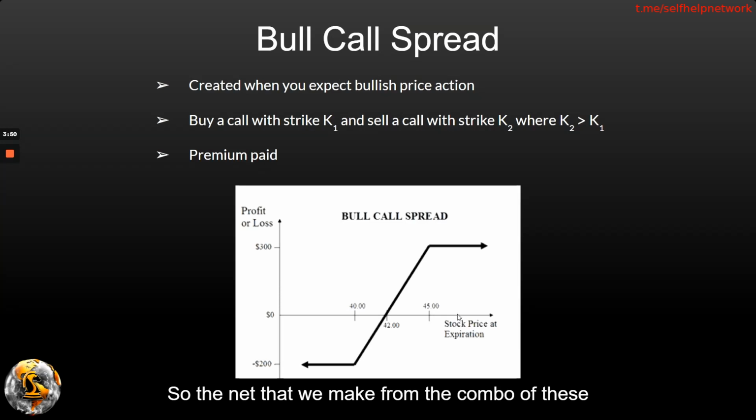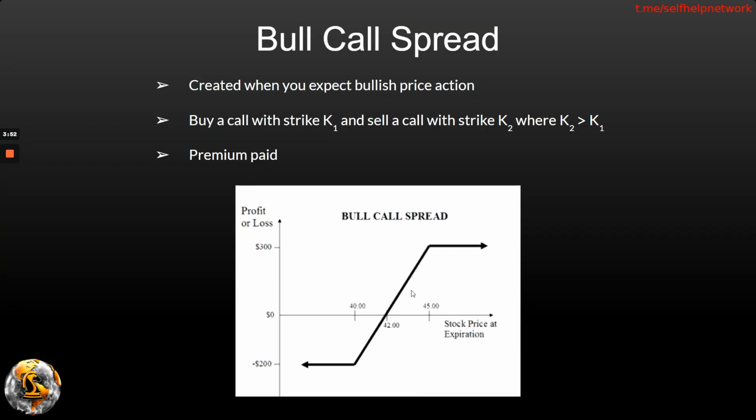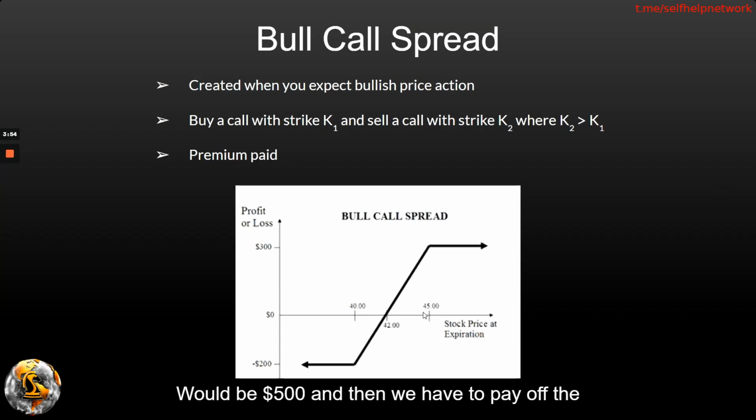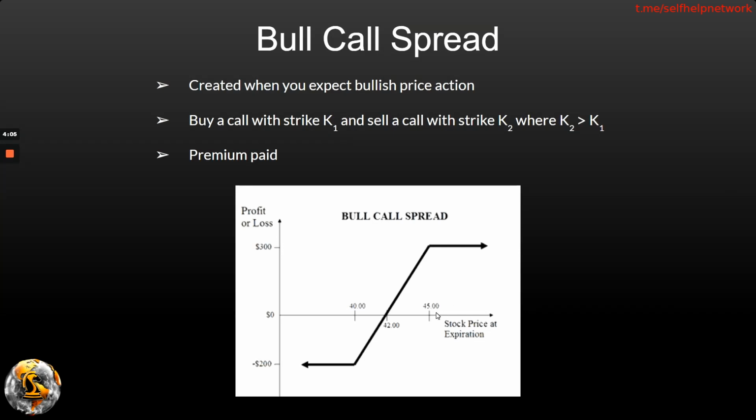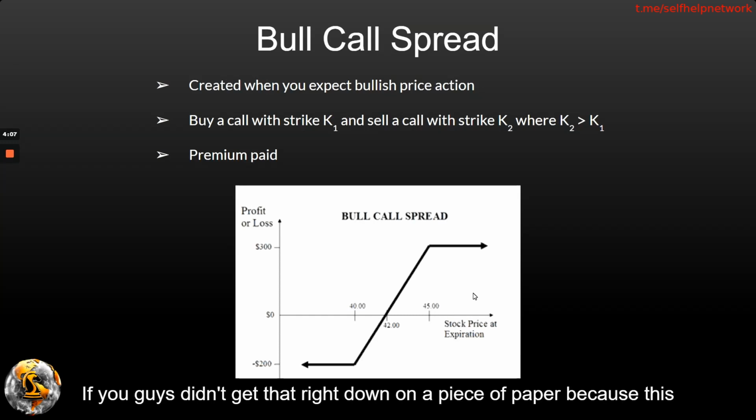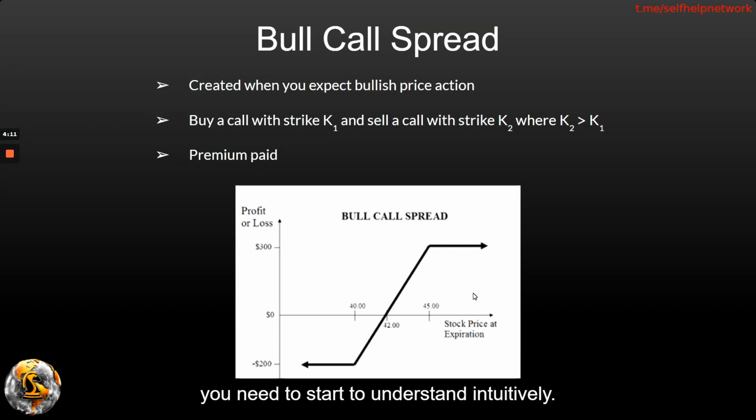So the net that we make from the combo of these options would be $500. And then we have to pay off the $200 that we paid in premium. So the net profit would be $300 if the stock price on expiration is above 45. If you guys didn't get that, write it down on a piece of paper because this you need to start to understand intuitively.